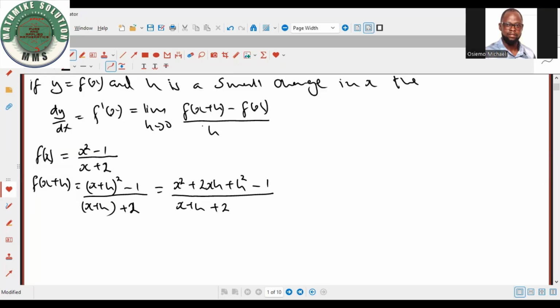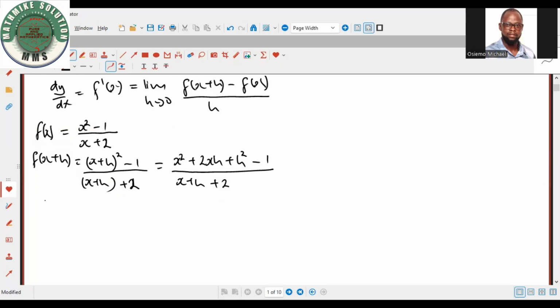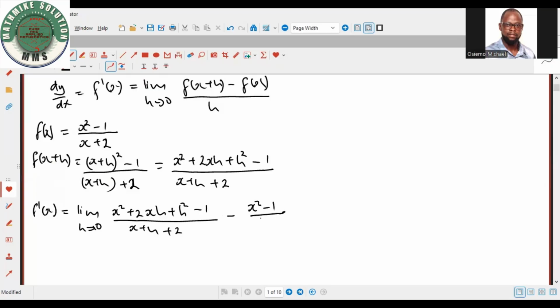So we substitute now into our formula. We're going to have f prime of x is equal to the limit as h tends to 0 of x squared plus 2xh plus h squared minus 1, over x plus h plus 2, minus f at x, which is x squared minus 1 over x plus 2.